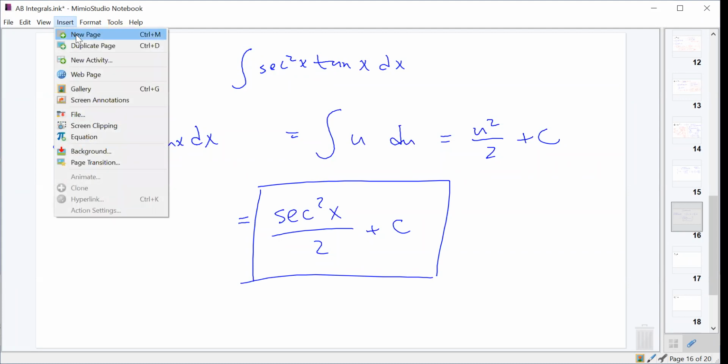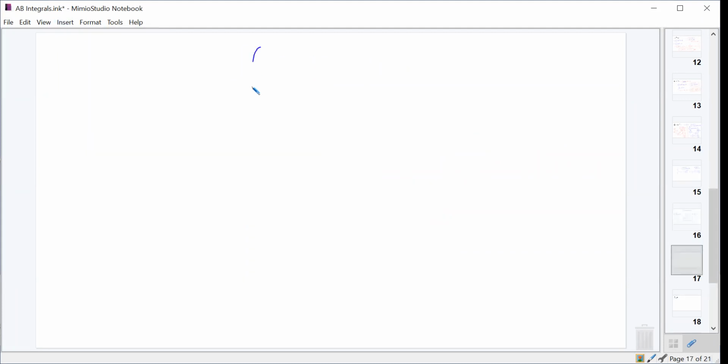Now, pick a different way. Which substitution do you want to use this time? Secant squared. Okay. And that gave us du was 2 secant x tangent x times another secant x dx, right? I'm running out of room here.